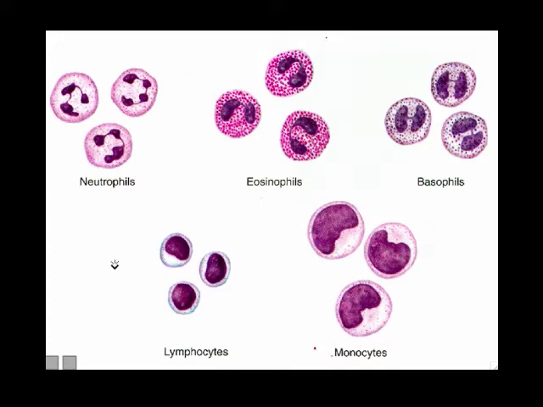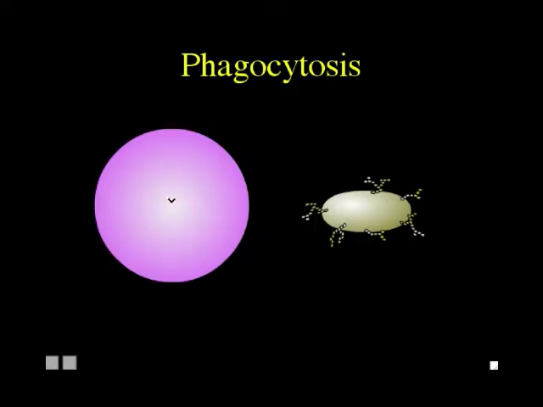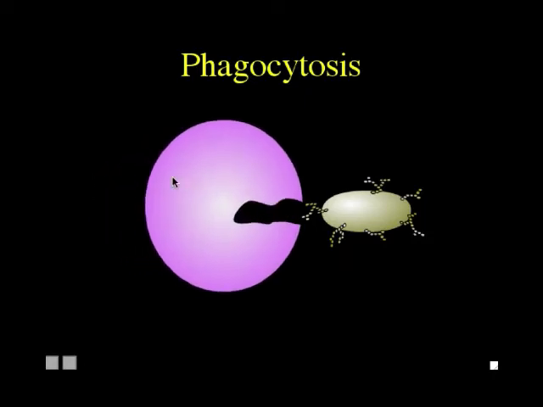But what is phagocytosis? Well, it essentially means one cell eating another cell. It's one cell engulfing another cell, and engulfing basically means swallowing, eating. Here's a cartoon of that. Here's one of these white blood cells that does phagocytosis, like a neutrophil or a monocyte or an eosinophil. When one of these white blood cells finds a pathogen inside your body, it just eats it, basically.